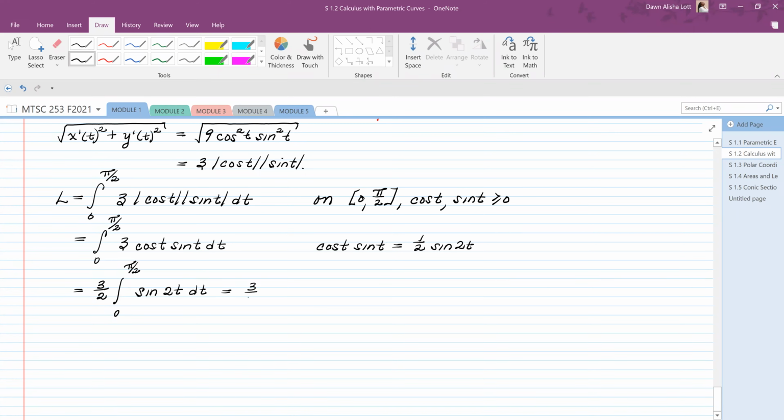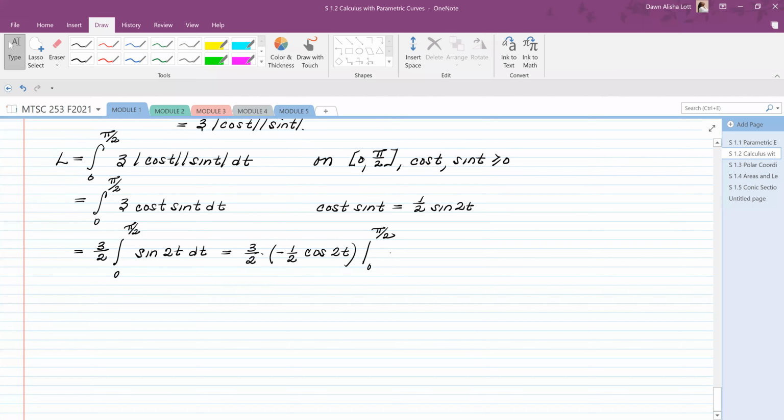So I get 3 over 2. And then when I integrate that, the integral of the sine of 2t becomes minus 1/2 the cosine of 2t. And then I'm going to evaluate that between 0 and pi over 2.